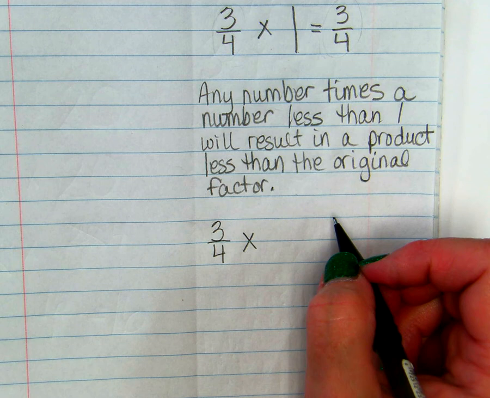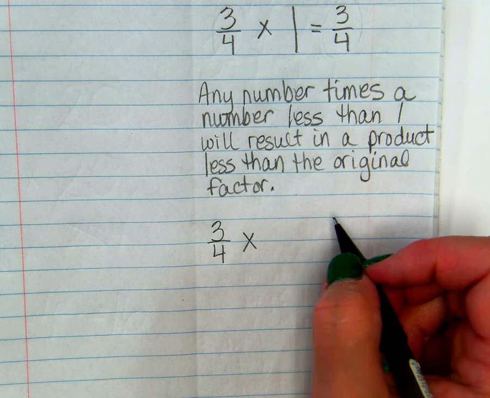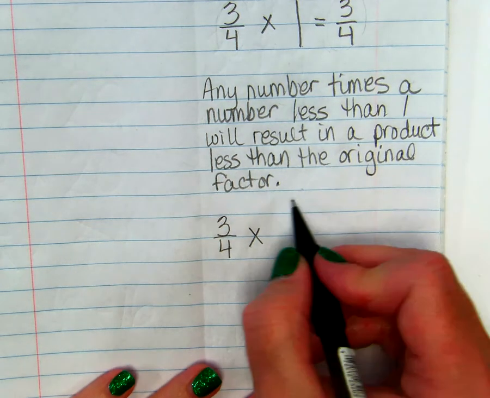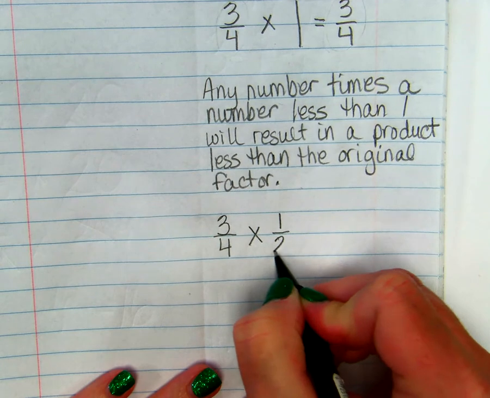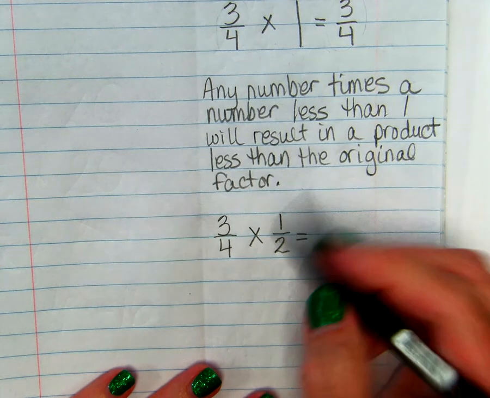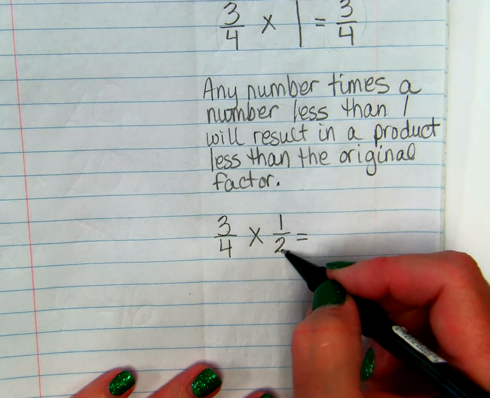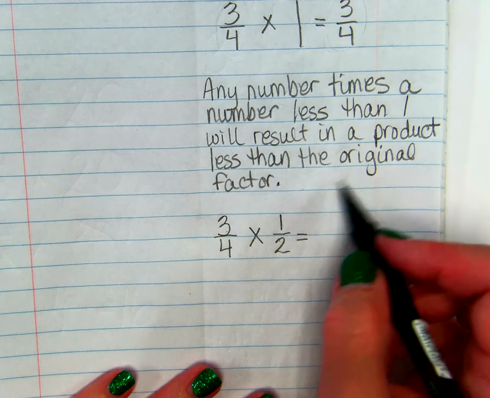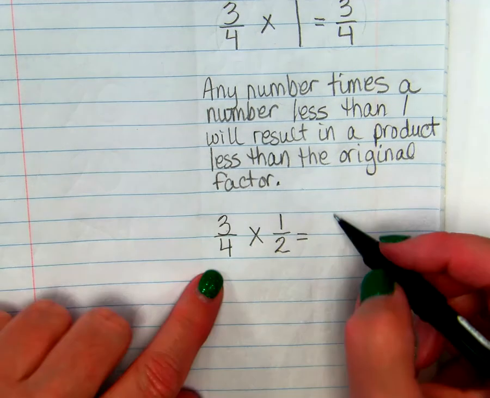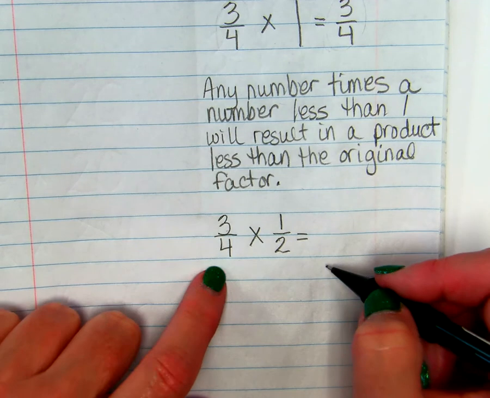What would you like to use? You want to use 1/2? Let's use 1/2. Any number times a number that is less than 1 will result in a product less than the original factor. So our answer should be less than 3/4.